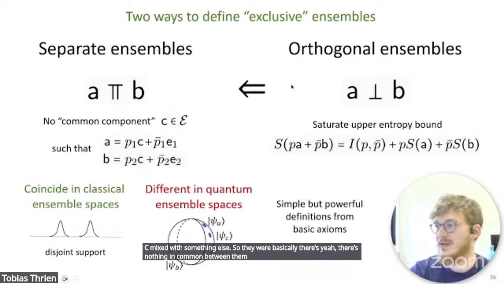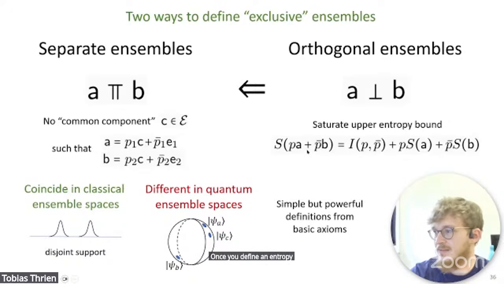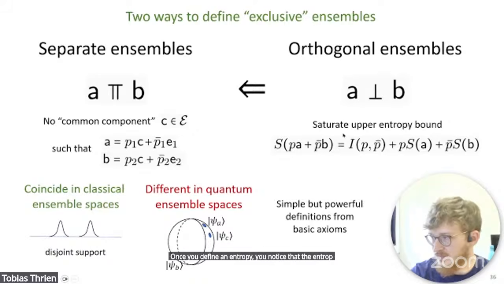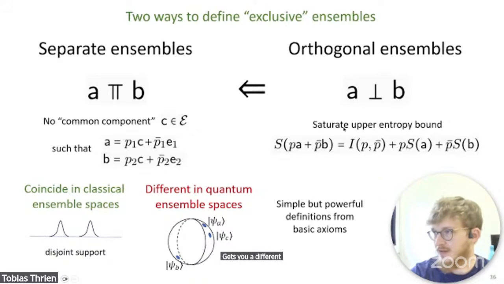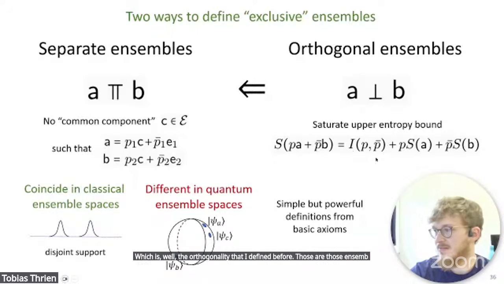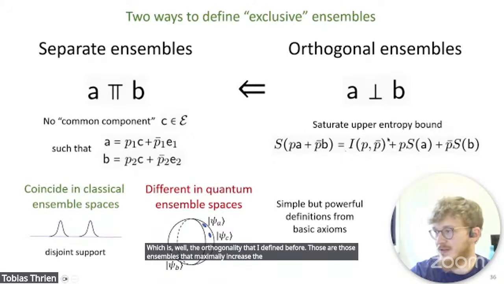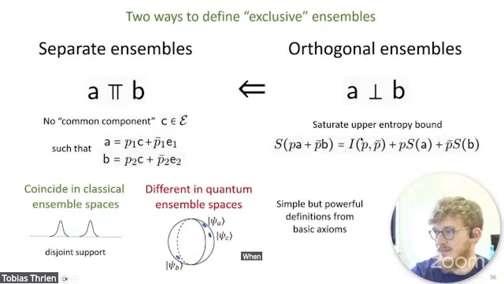They are separate. Once you define an entropy, you notice that the entropy gives you a different notion of exclusive ensembles, which is the orthogonality that I defined before. Those are ensembles that maximally increase the variability, so the entropy, when you mix them.